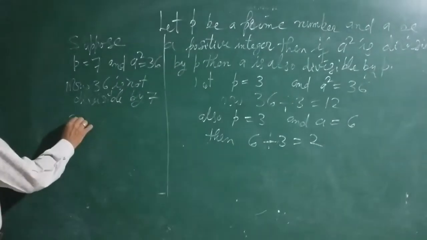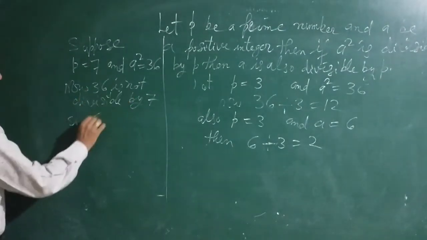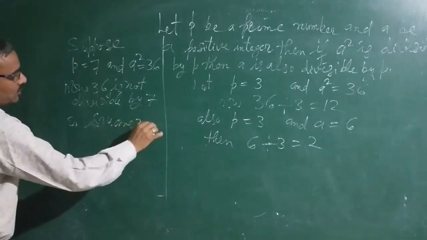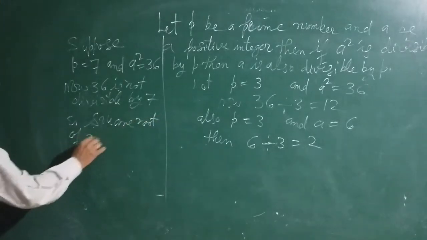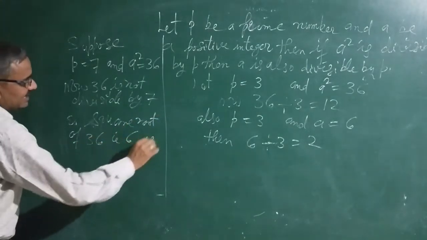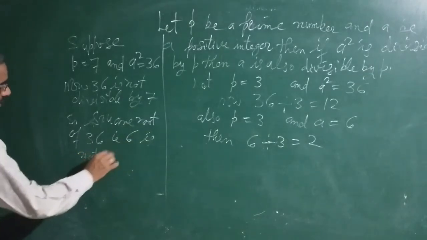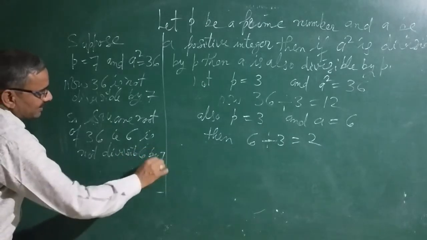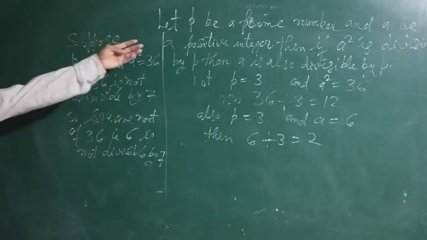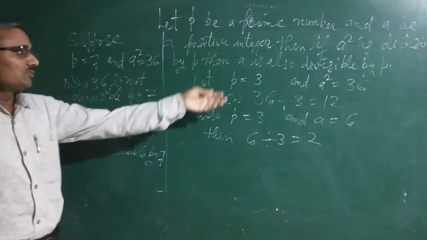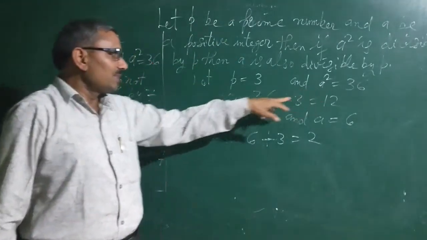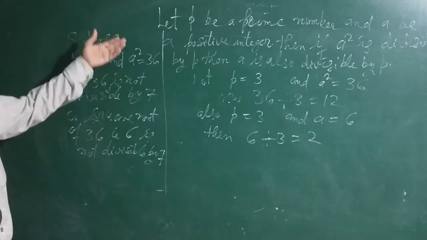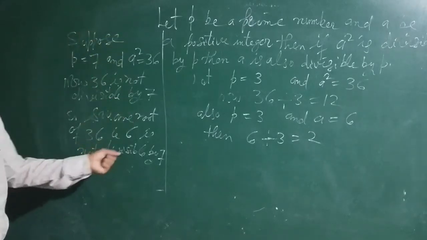So the square root of 36 is not divisible by 7. So in this way we can say how a square of an integer is divisible by a prime number and how it is not divisible by a prime number. So this condition holds good.